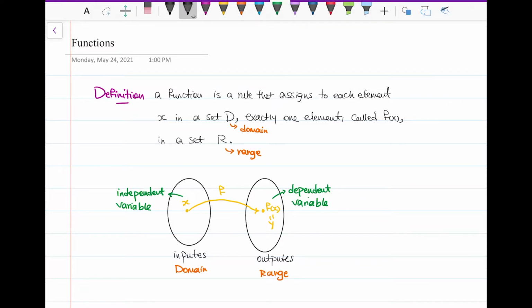So we show that from the set D by the function f we go to the set R. This is called an arrow diagram. The diagram that we have in here is called an arrow diagram.